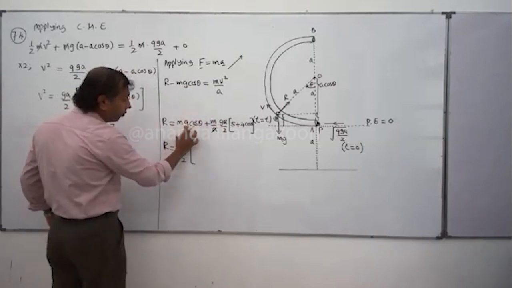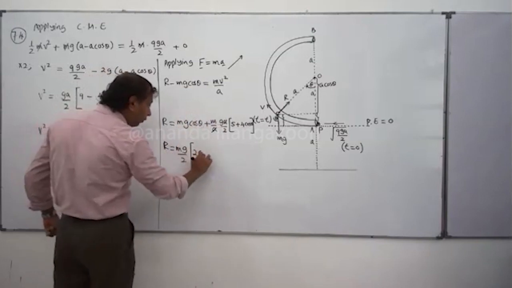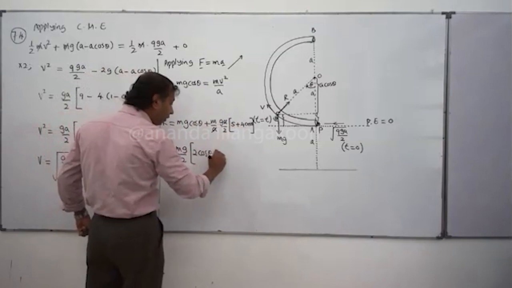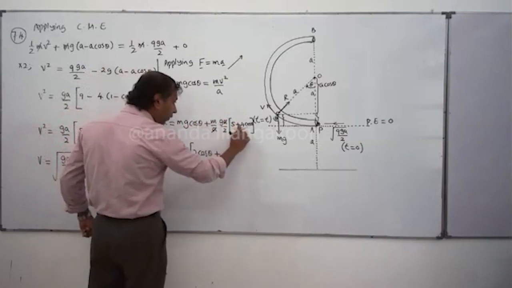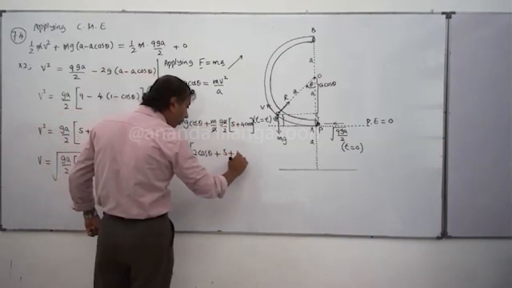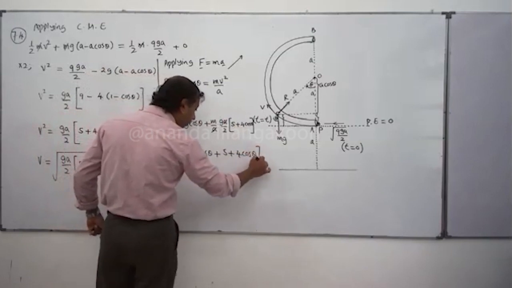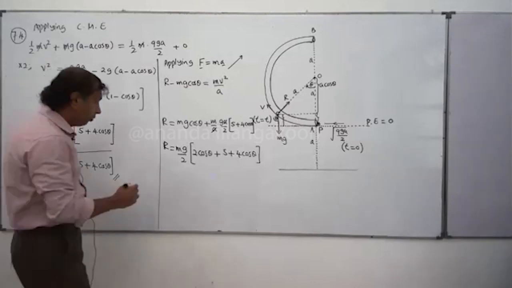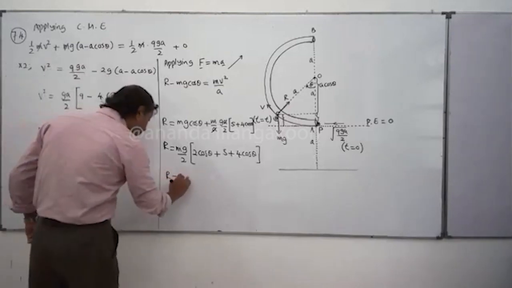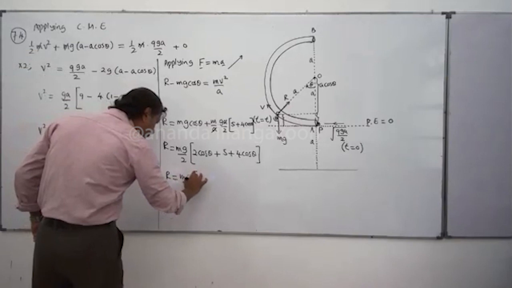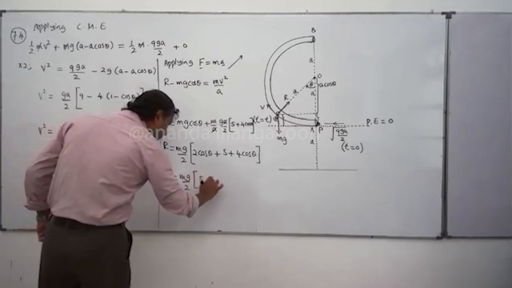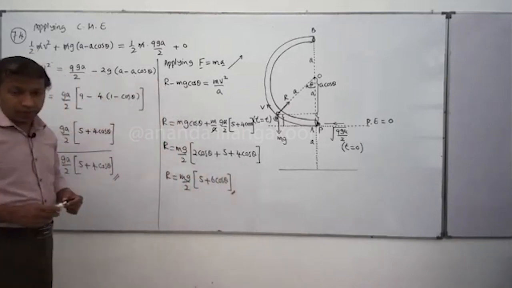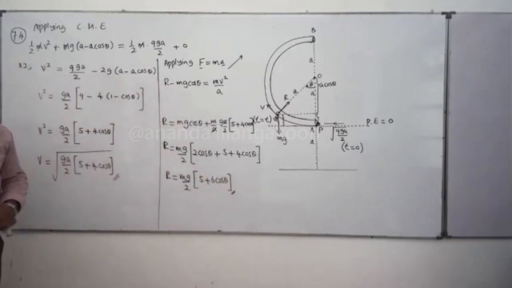Then taking this mg by 2 out, here now we have 2 cos theta. And in the other part, when I take this mg by 2 out, here we have 5 plus 4 cos theta. Then R comes as mg by 2 times (5 plus 6 cos theta). This way we can get R, the normal reaction.